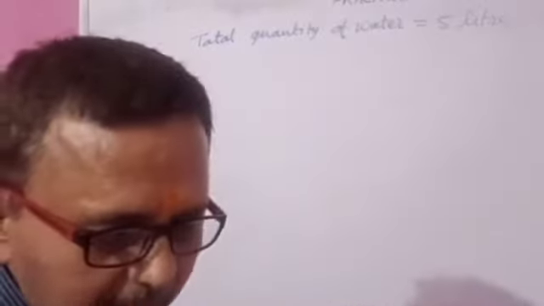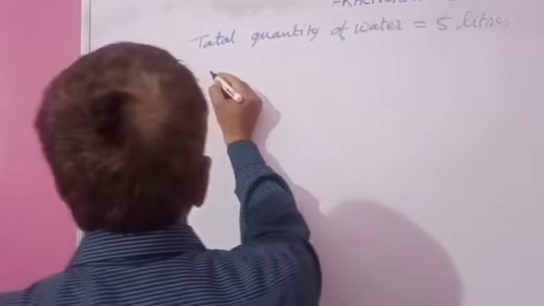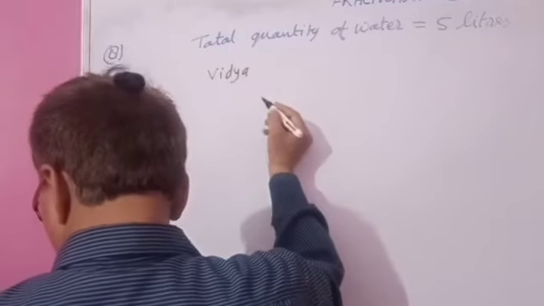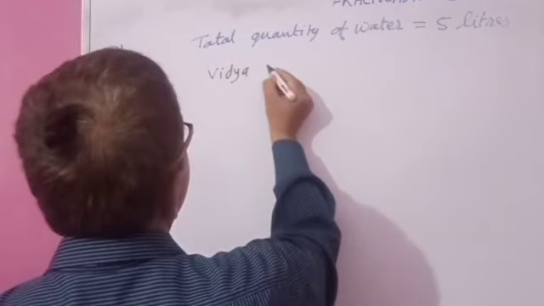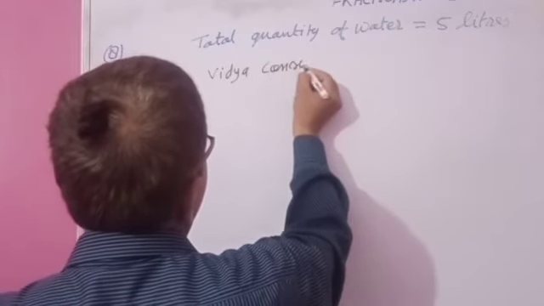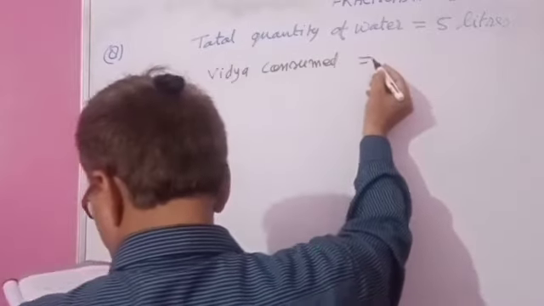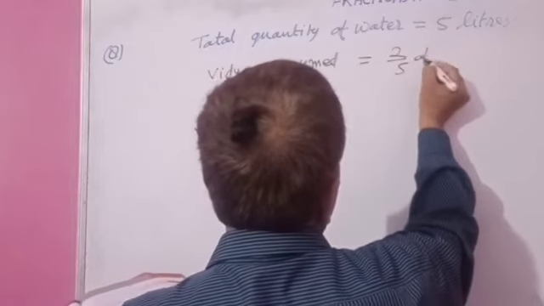Total quantity of water 5 liters. Now Vidya consumed 2 upon 5 of water. 2 upon 5 of 5 liters.